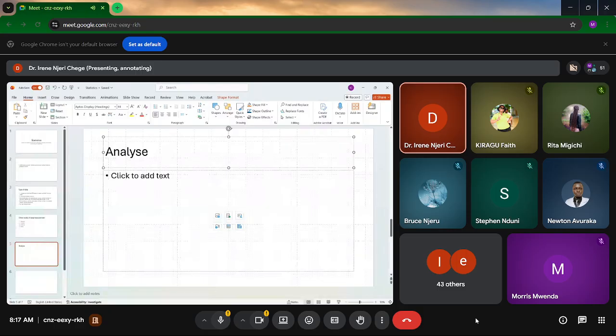Okay, your statistics can be, number one, descriptive. And number two, your statistics can be inferential. So it can be descriptive or inferential.